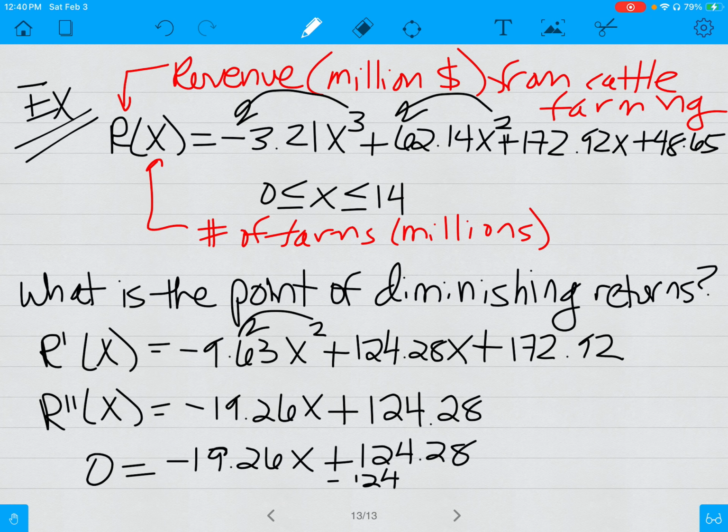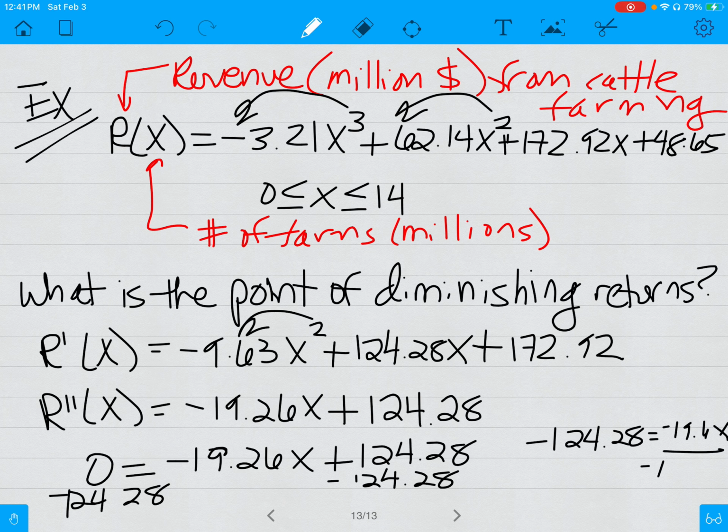So I'm going to subtract the 124.28 over to the other side. And then we're going to divide both sides by negative 19.26 to find our x value.